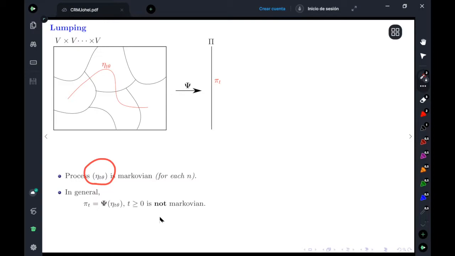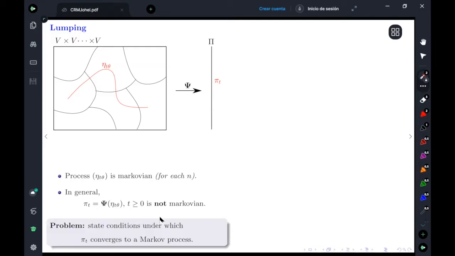Okay, so in our model, that, for example, happens when the graph is the complete graph. I think this is very obvious. In the complete graph, we see that the projection will in fact be Markovian.